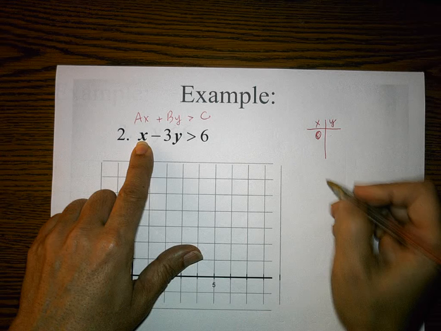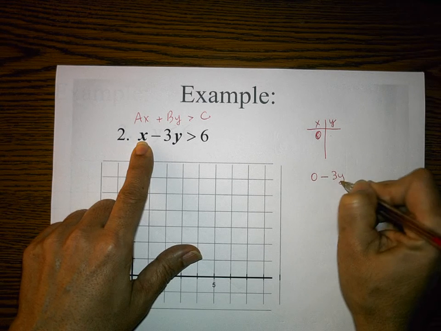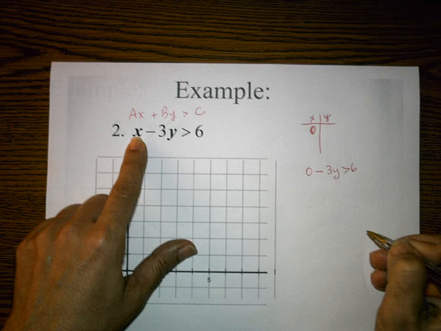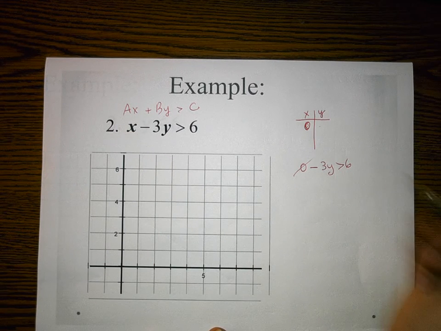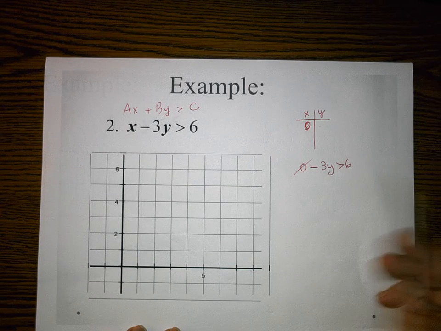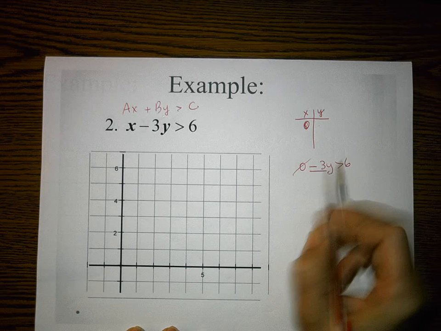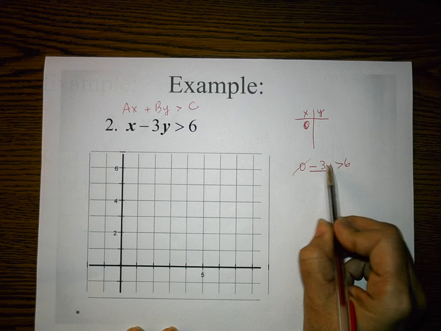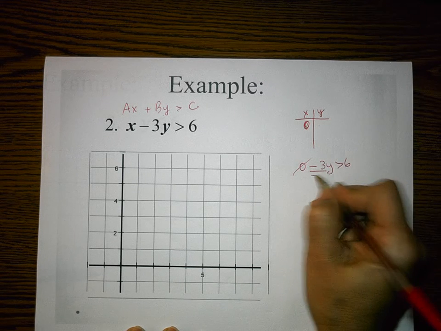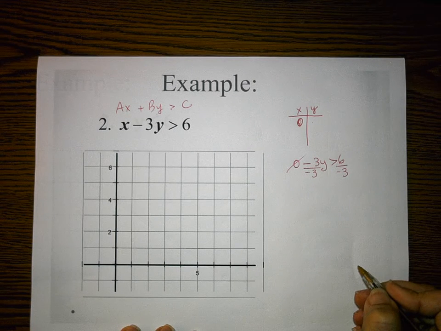I'm going to plug in 0 for x and figure out what I get for y. If x is 0, then I have 0 minus 3y is greater than 6. Well, 0 is gone, because subtracting a 0 from something doesn't change it. I'm going to divide by -3 because I have -3 times y, so I have to divide by -3 on both sides to keep things even.